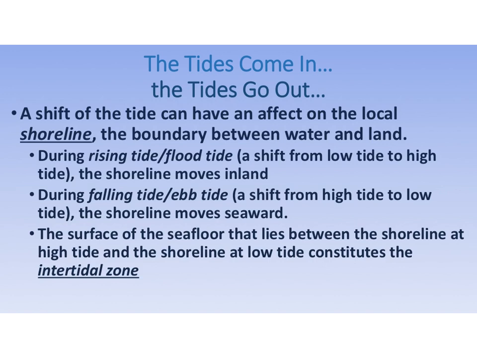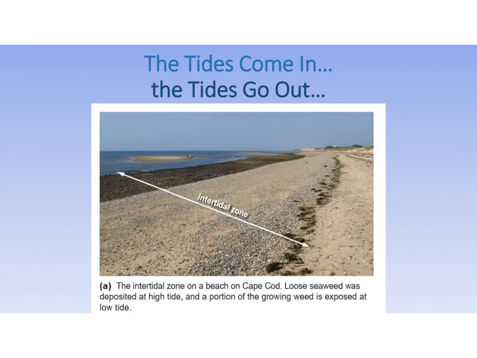But high tide, low tide affects a particular area, and that land that is saturated during high tide and exposed during low tide is called our intertidal zone. That was that nice little picture, and many of us are familiar with this if we go down to the beach. It's usually where you're going to find, as you're seeing here, a little bit of seaweed and random sediment.